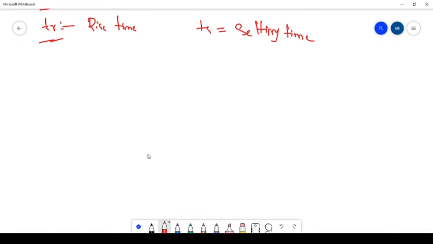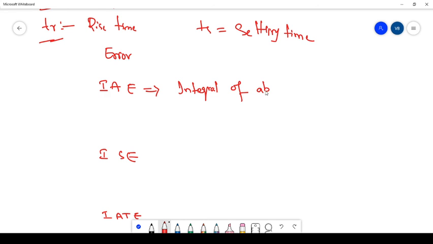Next, we are going to interlink with the error signals by calculating integral values. Those are called IAE, ISE, and lastly ITAE. IAE stands for integral of absolute error.